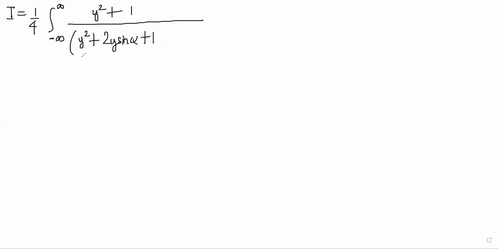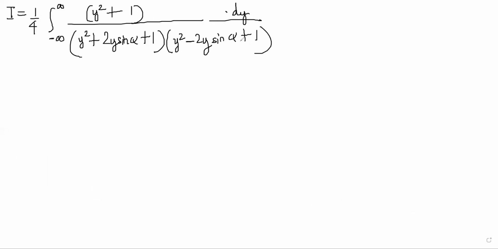I is equal to 1 by 4 of the integral from minus infinity to infinity of (y square plus 1) divided by (y square plus 2y sine alpha plus 1) multiplied by (y square minus 2y sine alpha plus 1) dy, right? This is my integral.